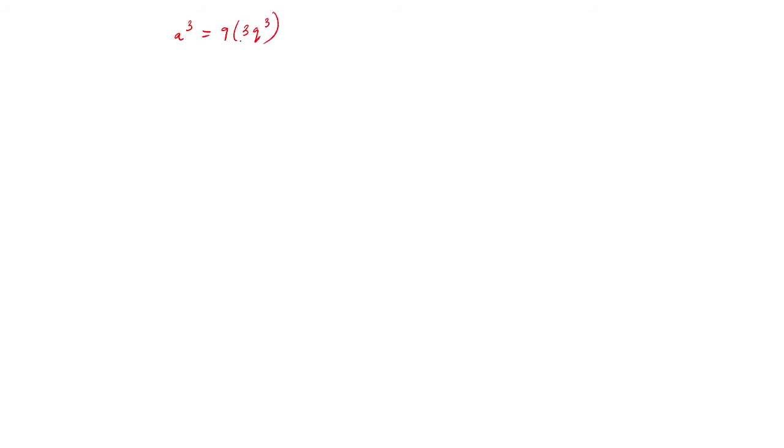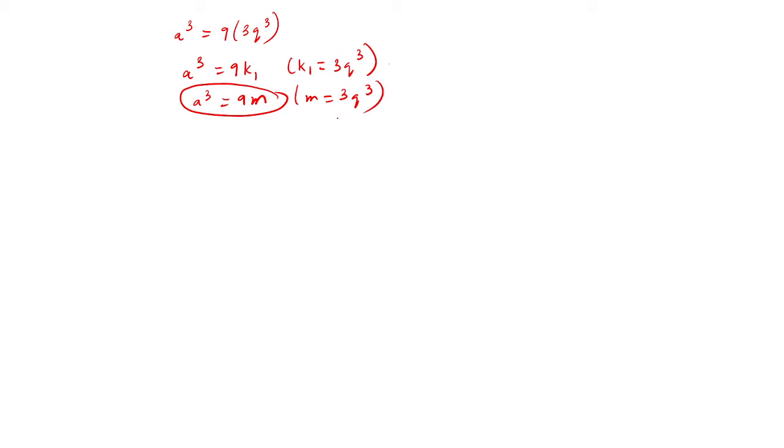It still gives you the same: you open up the bracket, 9 into 3 is 27, you'll get back the same answer. So you can write this a cube as 9k1, where k1 is equal to 3q cube. Or you can just write a cube as 9m itself, with m equal to 3q cube, because that's what we were asked to find out, right?